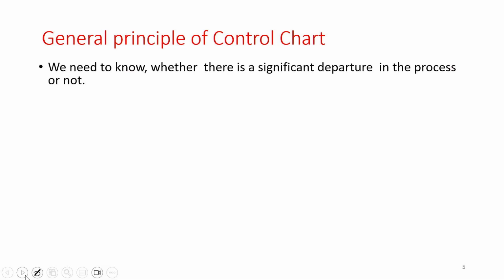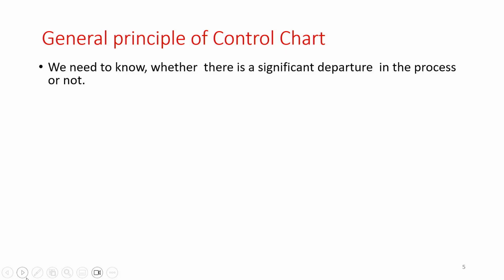So based on this background, we can now understand what is the general principle of a control chart. Now what we need is to know whether there is a significant departure in the process or not. That is the main objective.